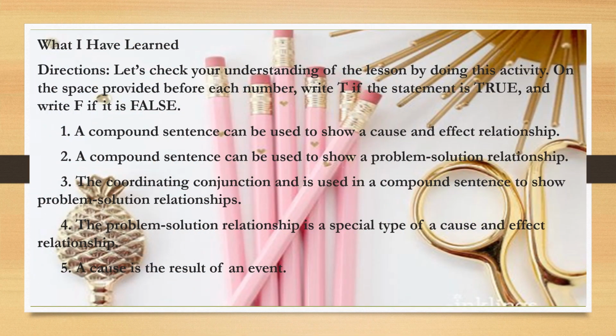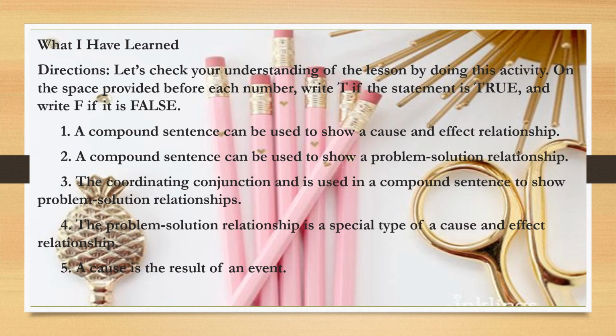What have you learned? Let's check your understanding of the lesson by doing this activity. On the space provided before each number, write T if the statement is true and write F if it is false. Number 1, a compound sentence can be used to show a cause and effect relationship.